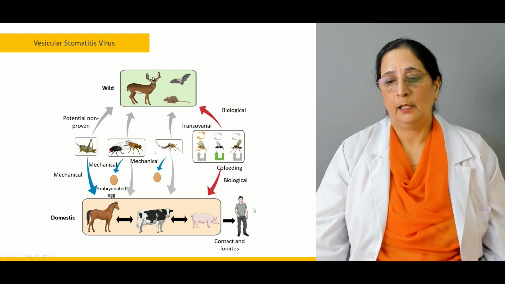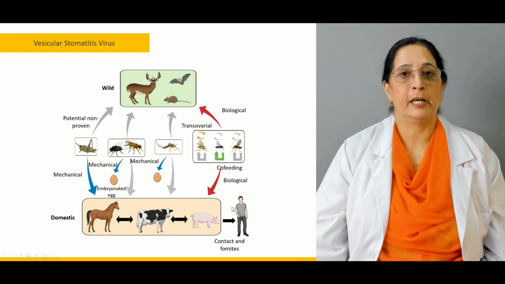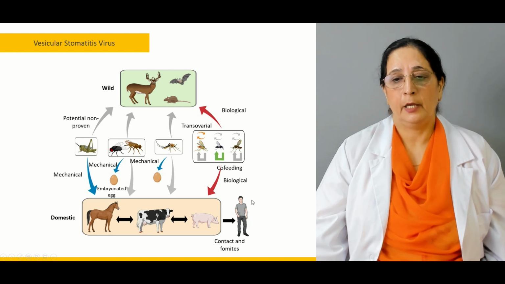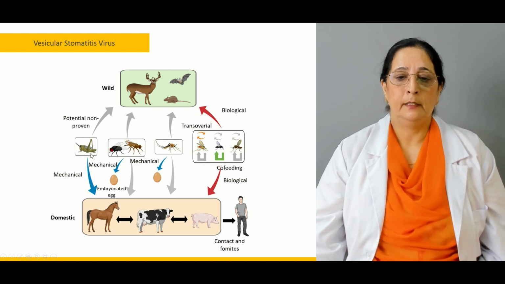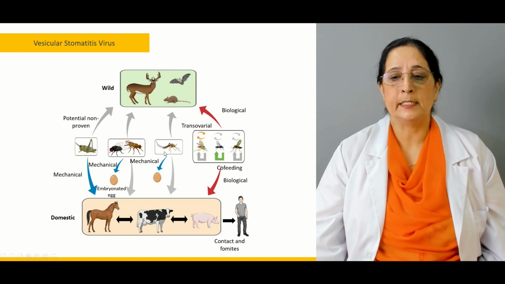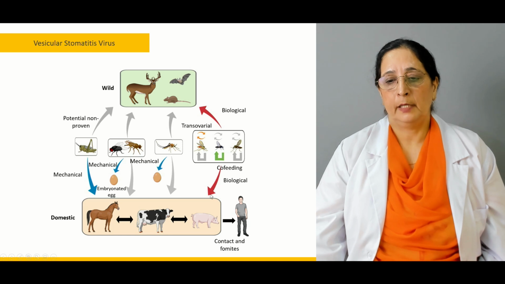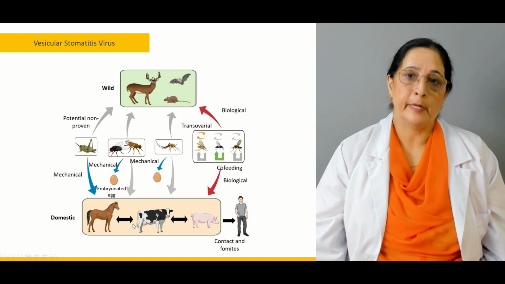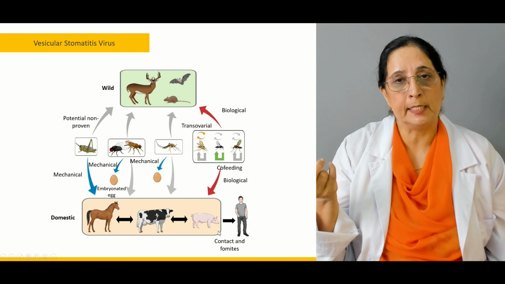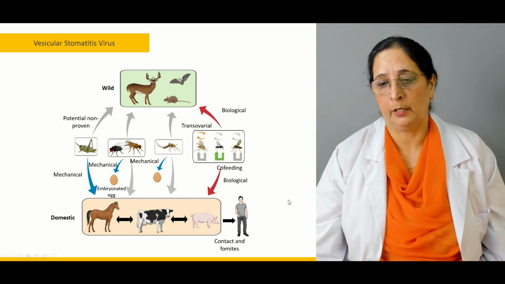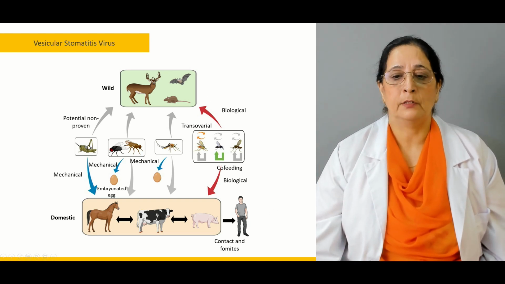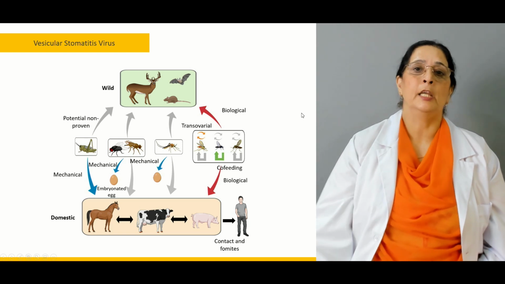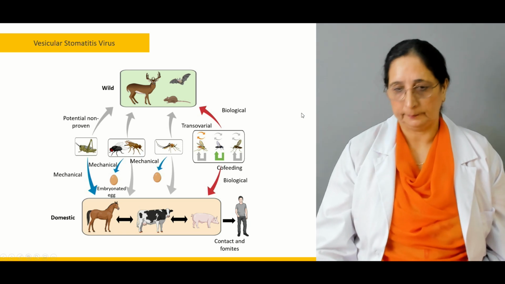Contact with these animals and the fomites cause infection of humans. Similarly, these infections by different insects are also transferred to domestic animals that ultimately infect humans. And these also infect wild animals, and they become the source of infection.